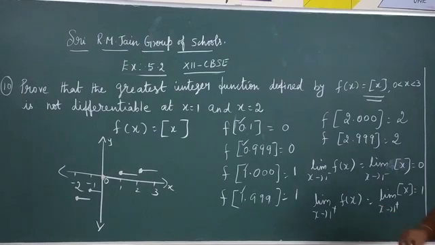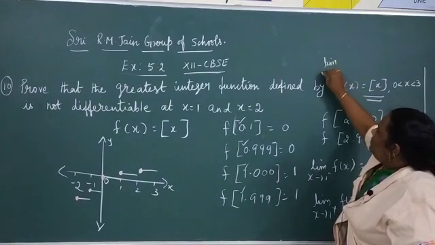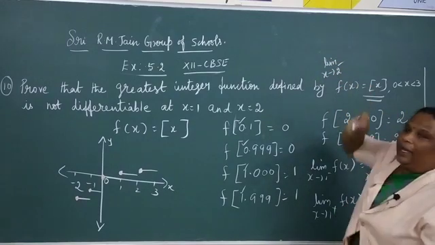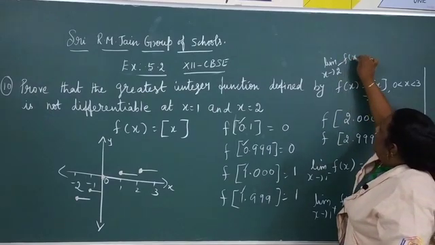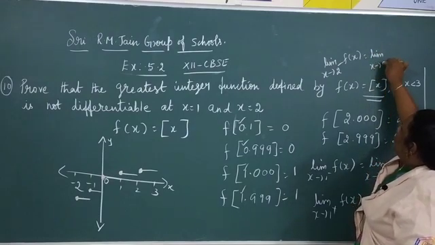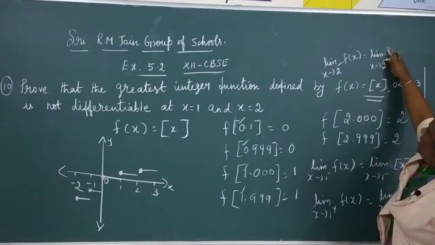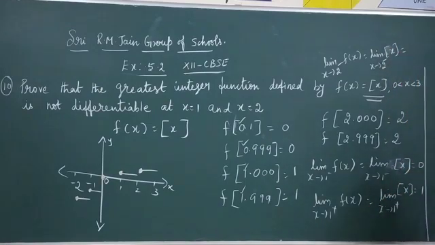See, x equal to 2, just I am writing here. You tell me, limit x tends to 2 minus f of x, it is nothing but what? In the place of f of x, what is the value here? x. What is the answer you are getting? See here, 1 minus, you reduce 1, so you are getting the value 0. 1 plus, you reduce 1, you are getting the value 1.